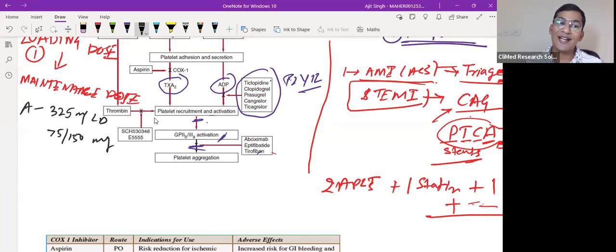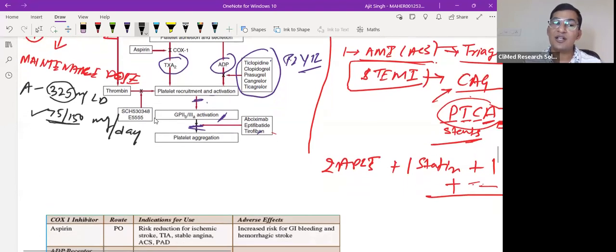So that depends on individual patients. Usually the loading dose is 325 mg and the maintenance dose, meaning daily dose, is 75 to 150 mg per day.